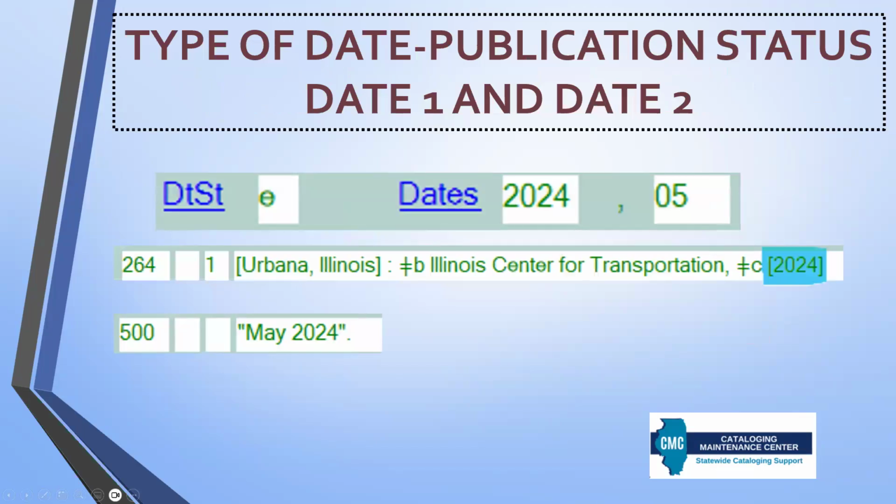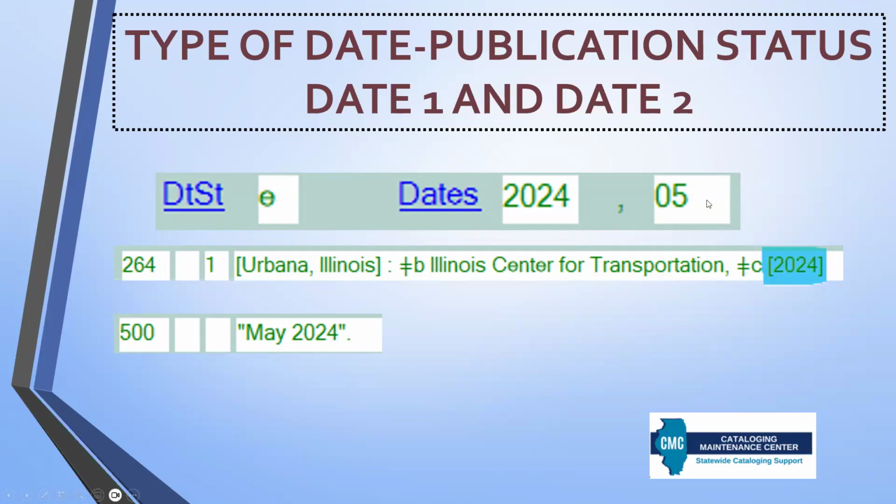All right, so the type of date and then dates 1 and 2. This has an issue date of May 2025, so I used E for the date type. You use that if the issue date includes year and month or year, month, and day. If the final 2 characters of the day are unknown, for an event known to have occurred on a specific day, such as an original broadcast date, then you put UU after the 5.